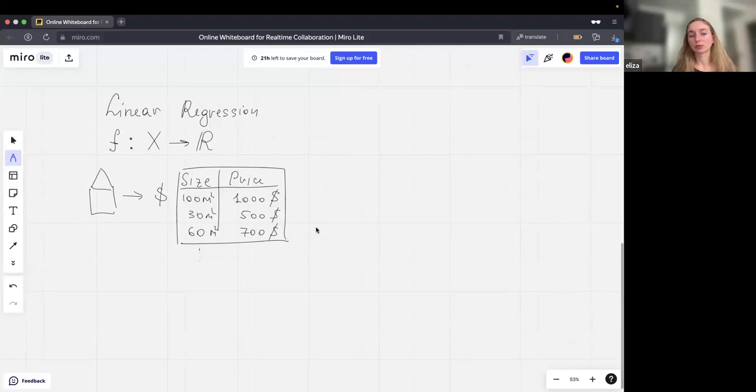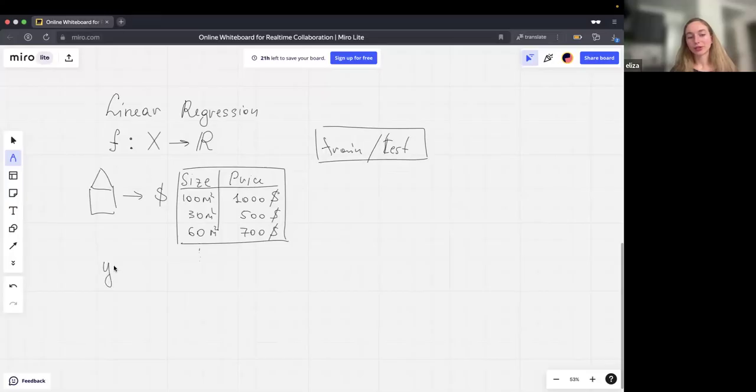We said in the previous lesson that usually you have a train dataset and test dataset where you check your model. Usually you have a validation dataset, but in the classical task with sklearn, we use train and test datasets. So this is a piece of your train dataset.